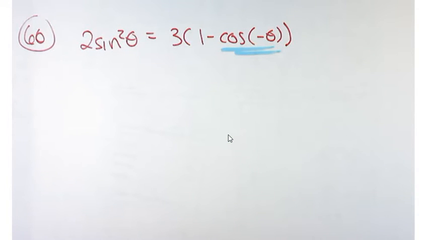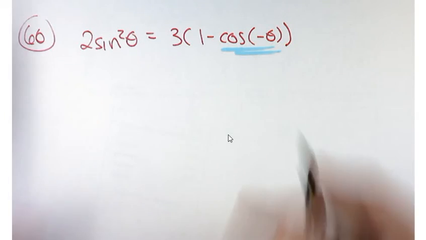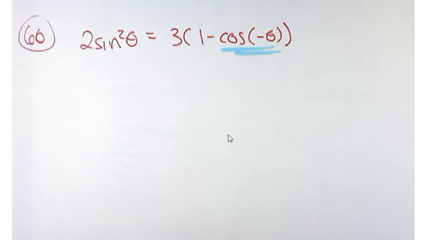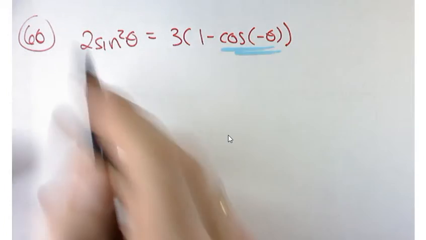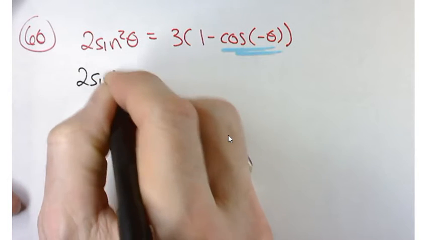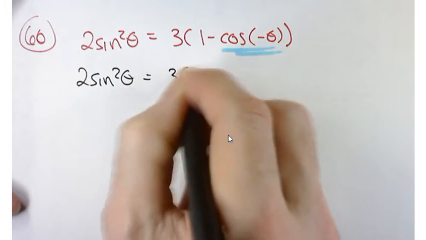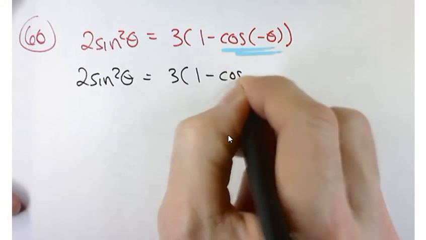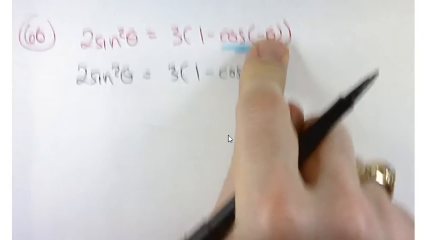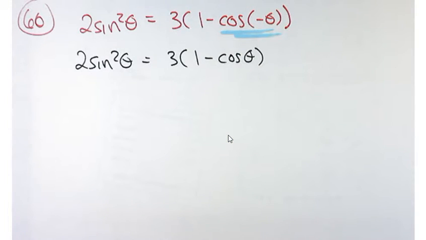We've got a cosine of negative theta. What could I do in place of that? Yeah, just cosine of theta. Sure, let's just write cosine of theta. So 2 sine squared of theta equals 3 times 1 minus cosine of theta. Doesn't matter if you have theta or negative theta, so let's just make it easier and write theta.